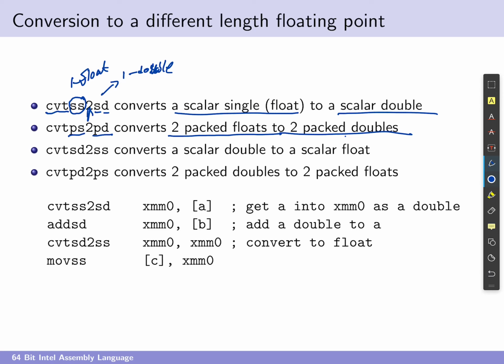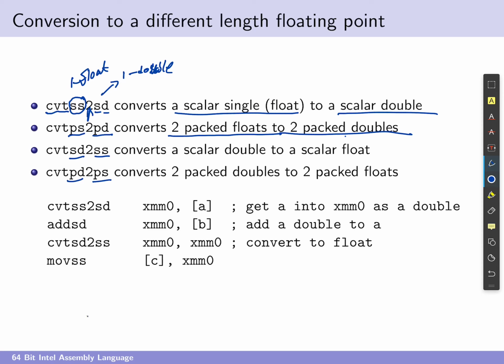I can also convert the other way around. I can go from a scalar double to a scalar float, so from a 64-bit floating point number down to a 32-bit floating point. In the same vein, I can convert packed doubles into packed singles. Again, this will convert 2 packed doubles to 2 packed floats. This conversion instruction is designed to work with the XMM registers.